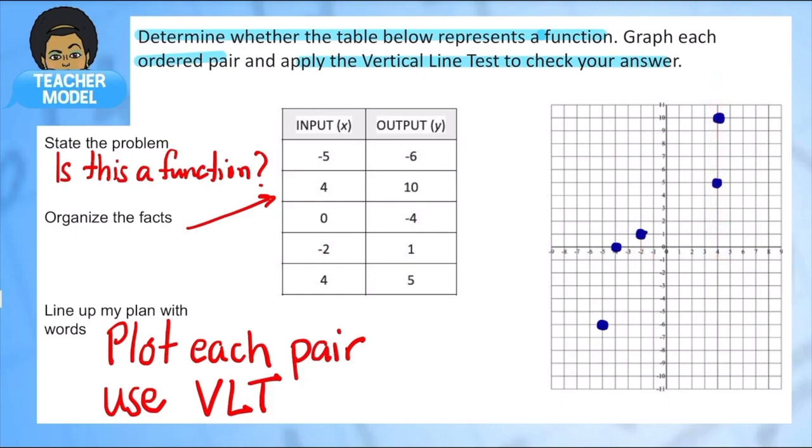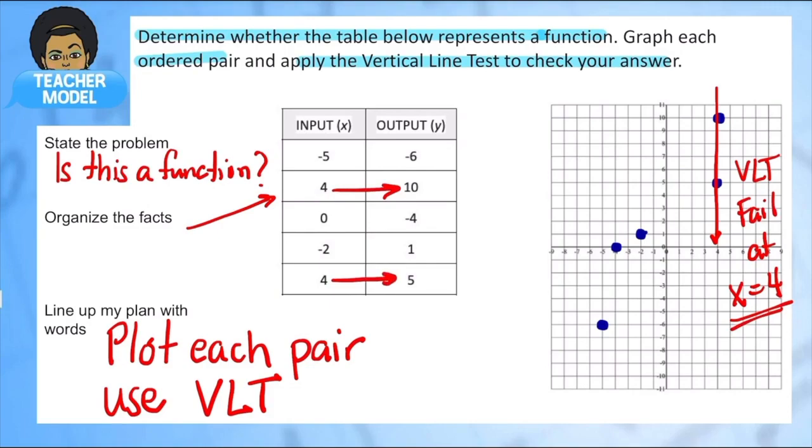So this is where we have, it would fail the vertical line test. So here's my vertical line test, and I'm gonna write fail at x equals 4 because it goes through 2 points. And I can see that, and I knew that was gonna happen because 4 had two outputs, 10 and 5.